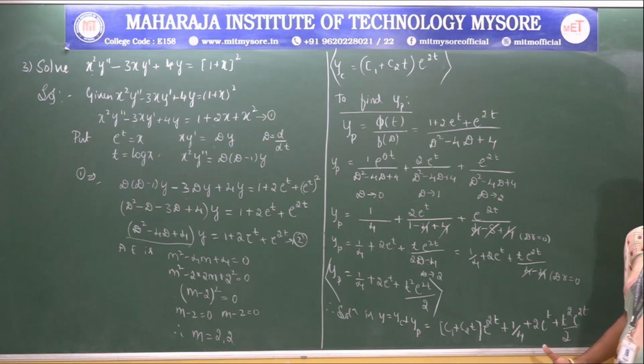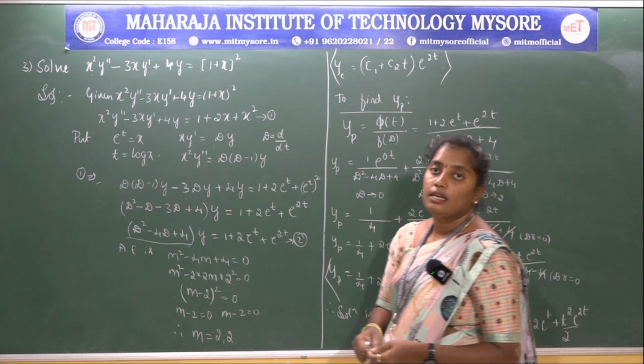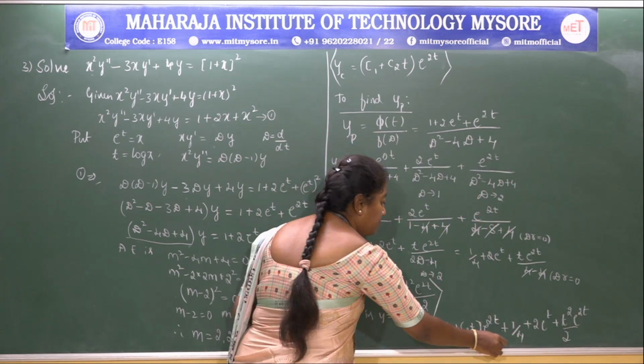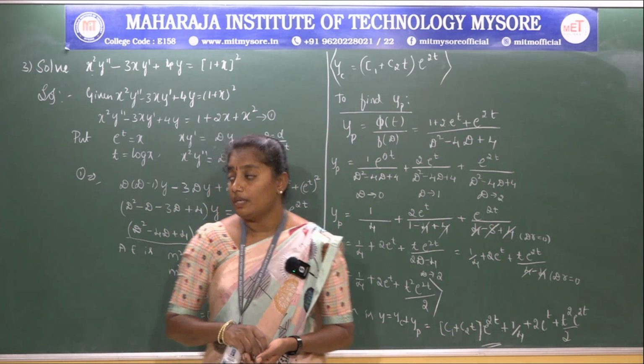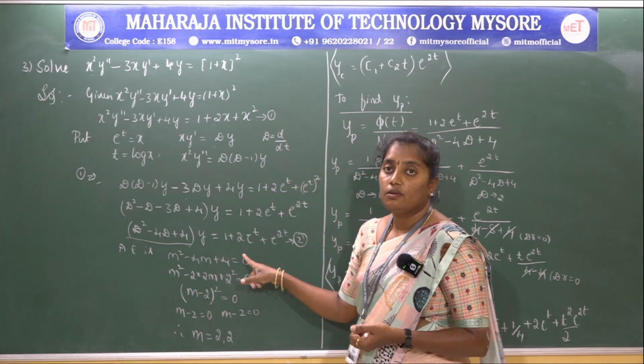T square e power of 2t by 2 is the solution in terms of t. This is the complete solution of the obtained differential equation with constant coefficient.